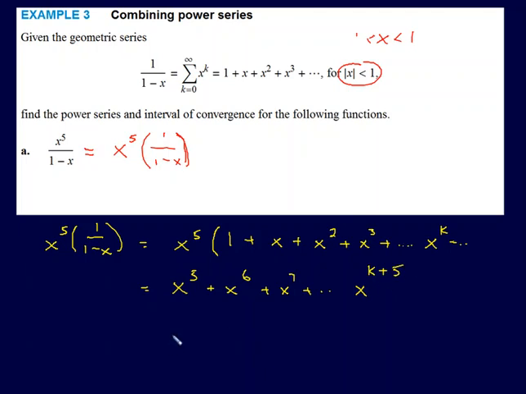So in fact, what we can just do is compactly write this as a power series starting at k equals 0, and the general term is x to the k plus 5. So it can be expressed either this compact way or kind of back up one line earlier where I actually had the terms written out. What we're ultimately going for, I think, is just this general compact summation expression here.